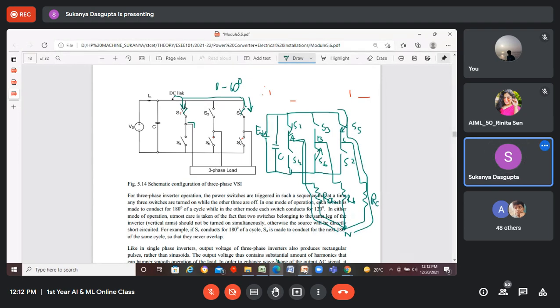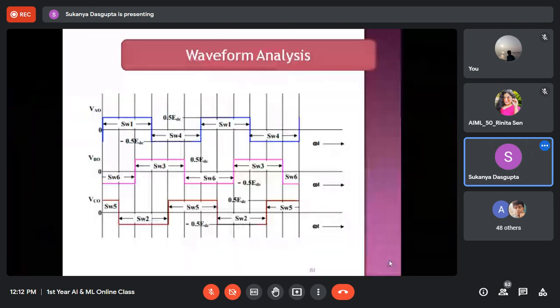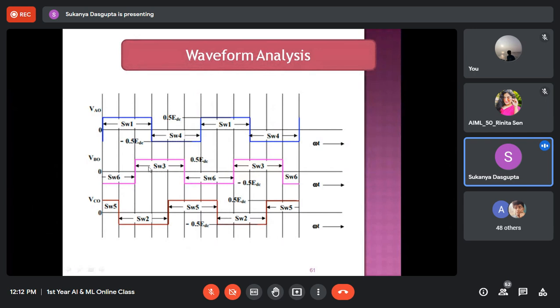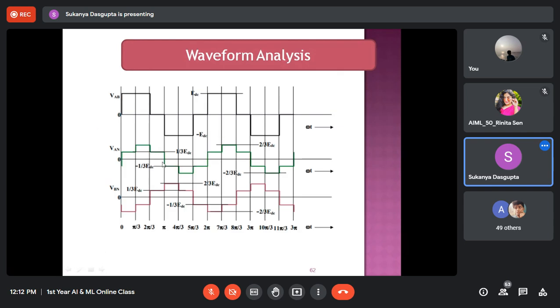And following this same principle, the other switches are also working. And thus we obtain this type of stepped voltage across each phase like VAN, VBN, and this type of waveform, this type of voltage signal across each line to line. VAB is the line to line voltage, VAN is the phase voltage.